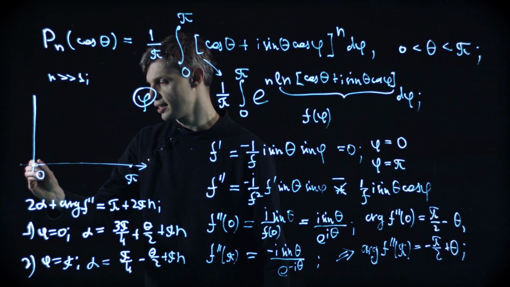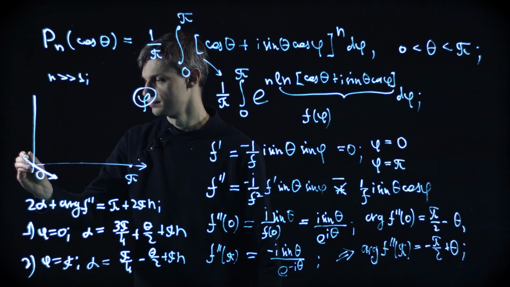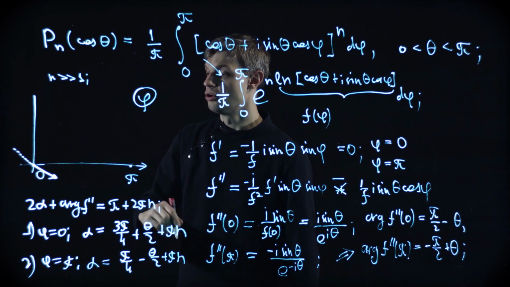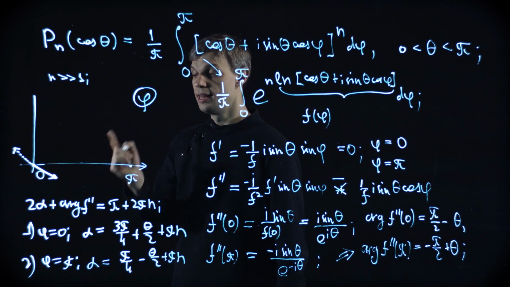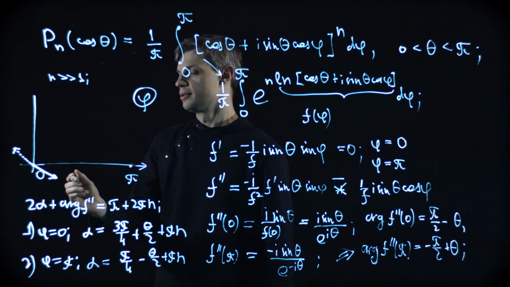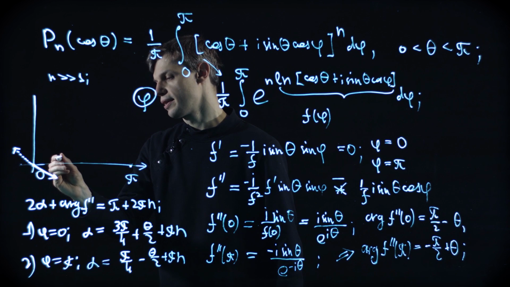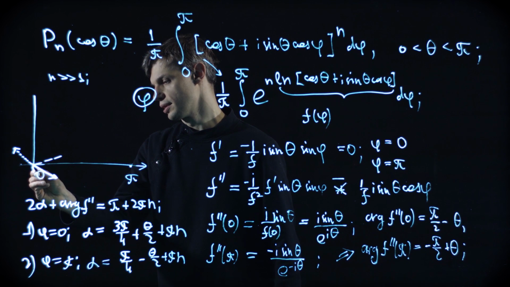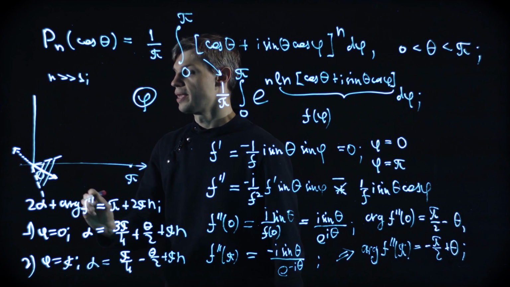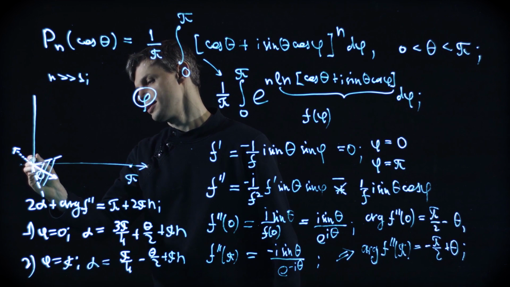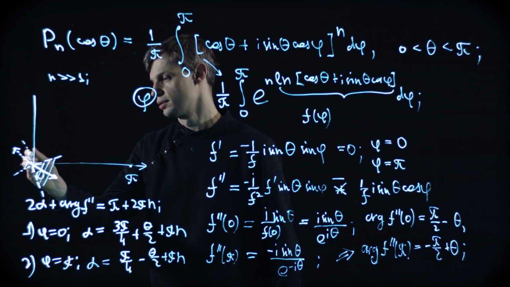So it's something like that, or the opposite direction, like that. And the allowed regions are inclined by 45 degrees. So this is the first allowed region, and the second one is, well, symmetric. It's here.